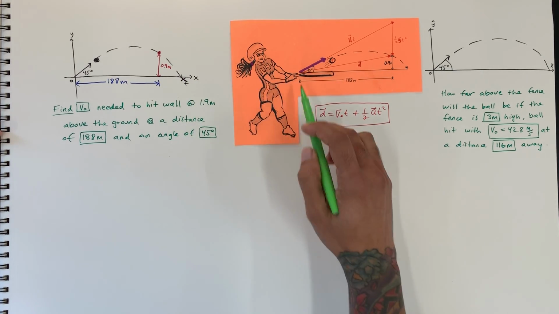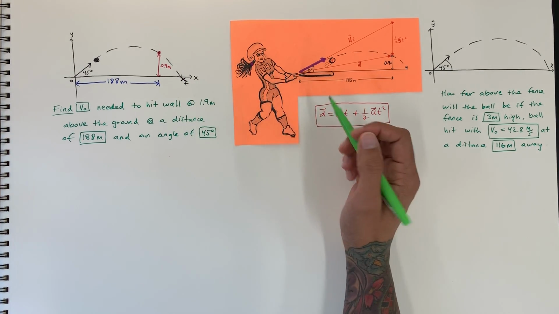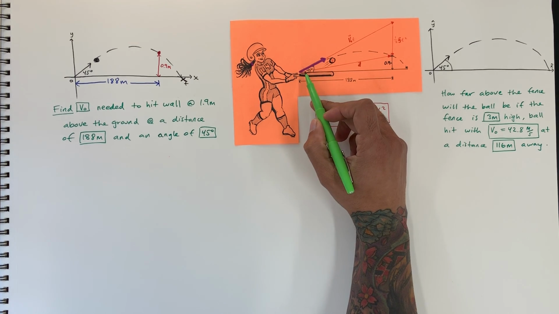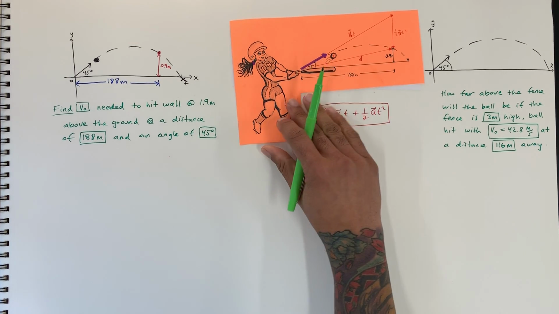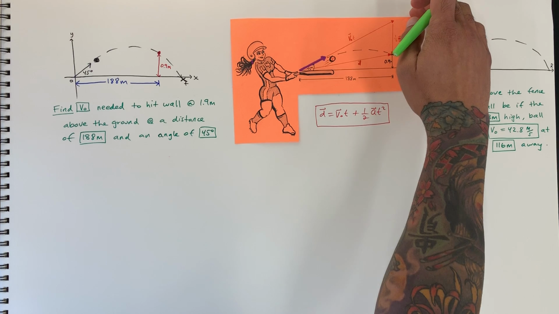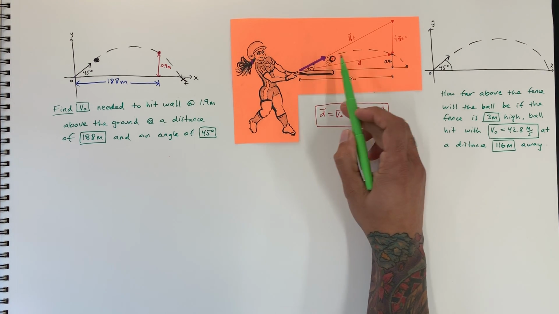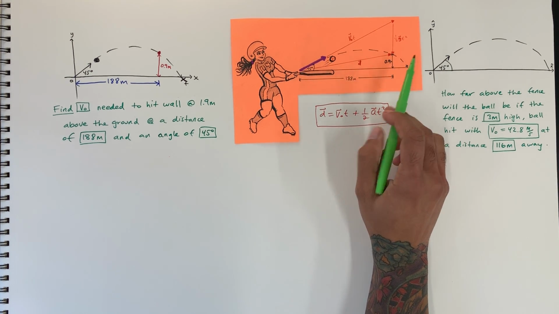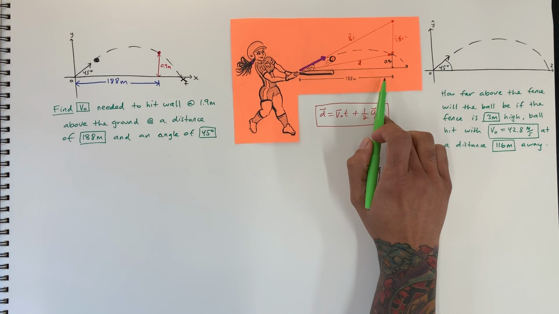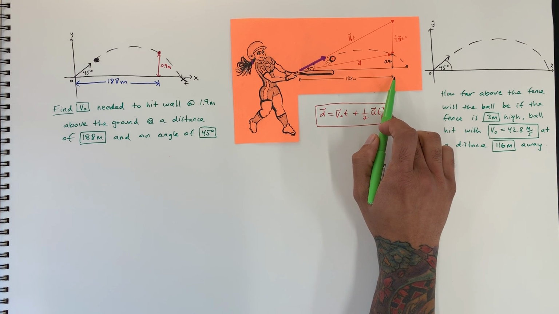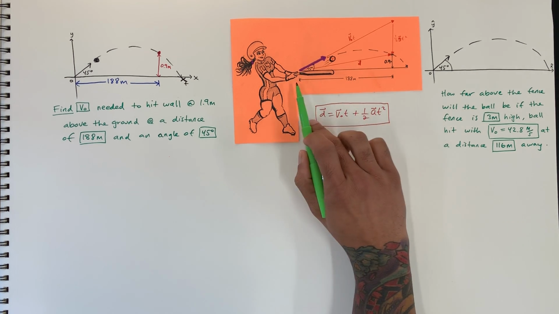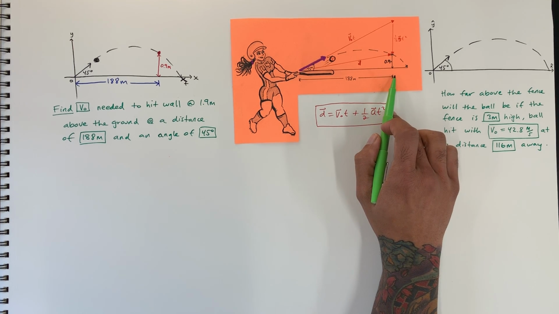Okay, we have this softball player or baseball player, and she hits the ball at a 45-degree angle. This is the trajectory, and 188 meters away is how far the ball went.